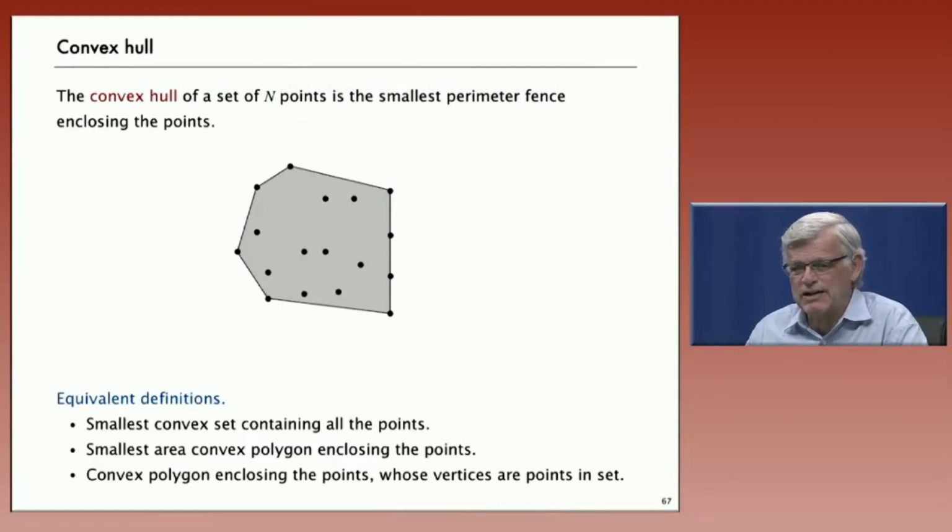There are a lot of equivalent definitions of this, some of them very mathematical that extend to higher dimensions. It's the smallest convex set that contains all the points, the smallest area convex polygon enclosing the points. It's a convex polygon that encloses the points whose vertices are points in the set. Those are all equivalent definitions. And what we want to do is, given a set of points, have a program that can give us the convex hull.